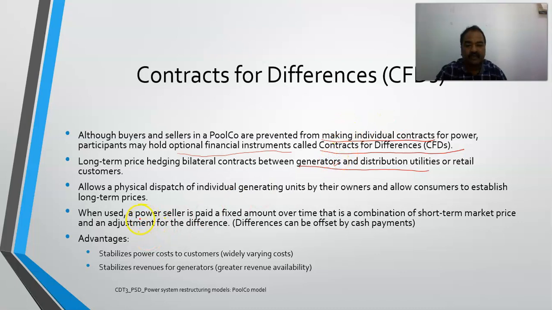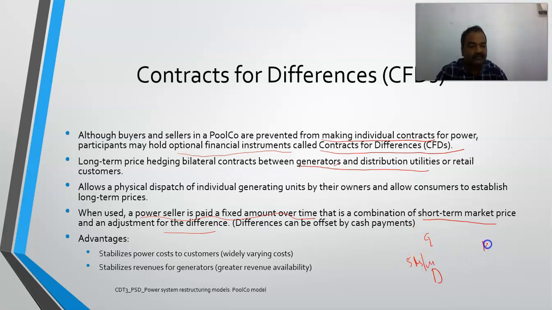When CFD is used, a power seller is paid a fixed amount over time, that is a combination of the short-term market price and an adjustment for the difference. So how? As I've already said in the last case, let us suppose the generator and Discom have already agreed on 5 rupees per unit.